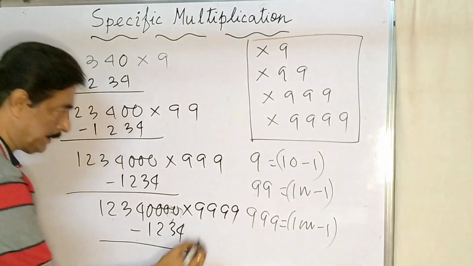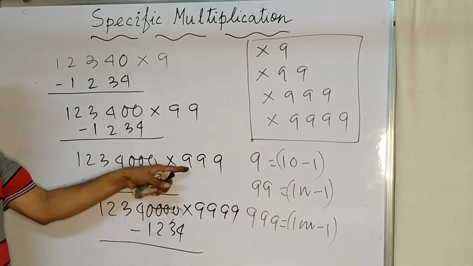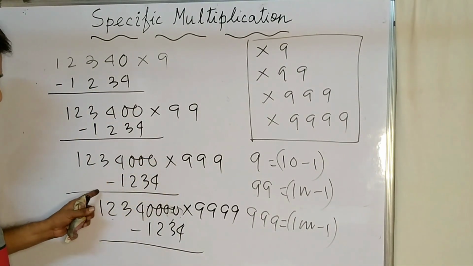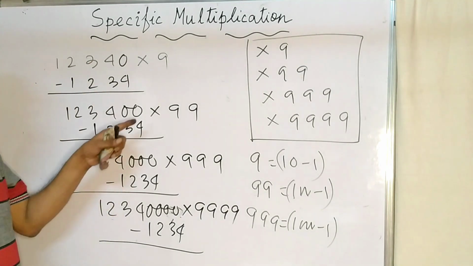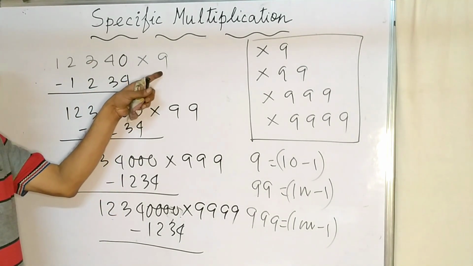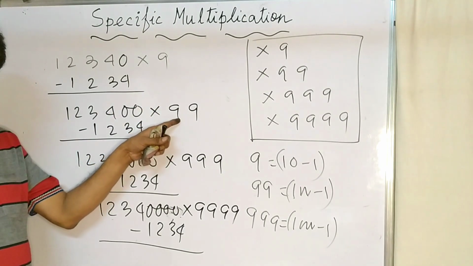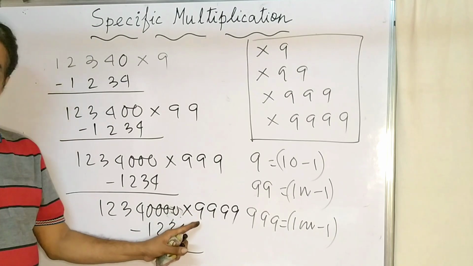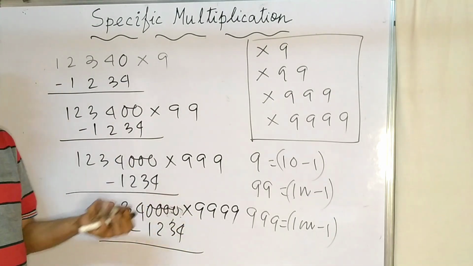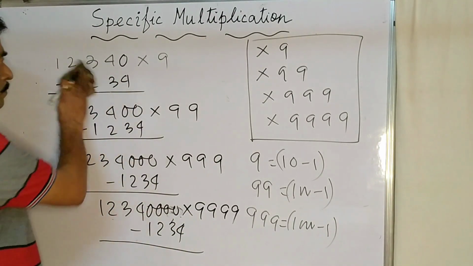Subtract. We can get the same result. So instead of multiplying, we put zeros and subtract from the given number. We can easily find out the result after multiplying by 9, by 99, by 999 and by 9999. They can give the number in different ways.